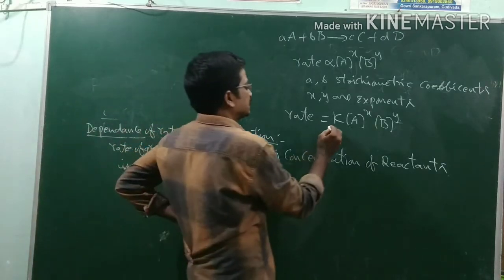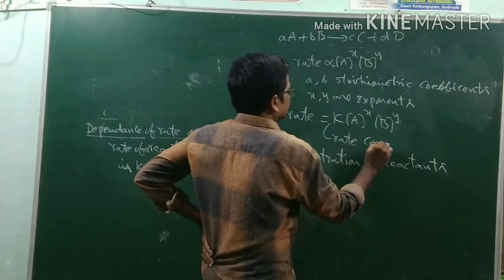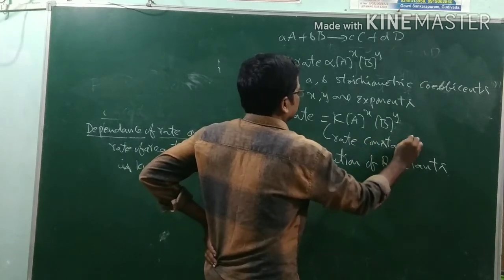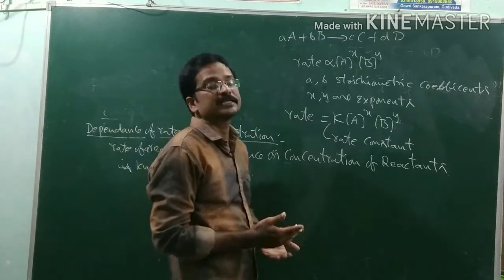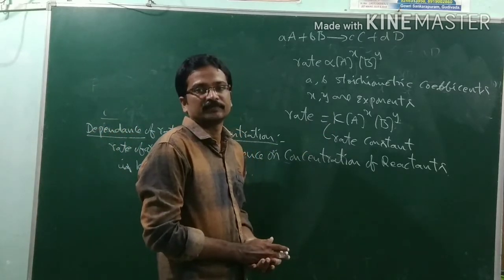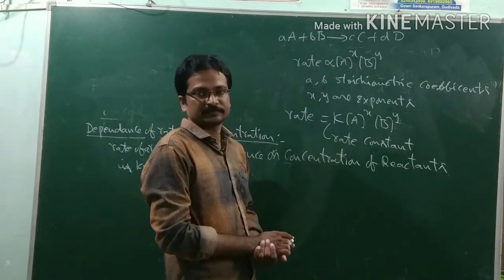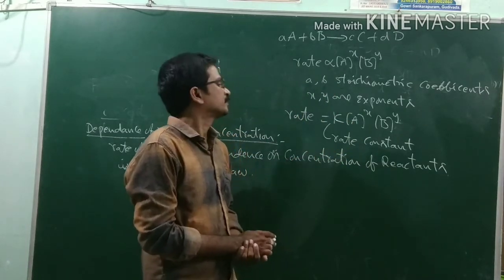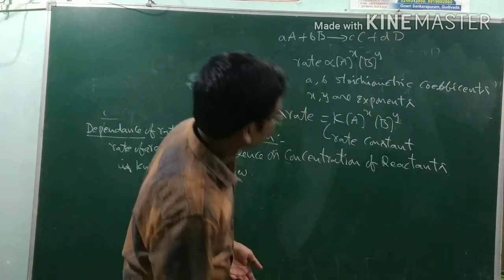K is the rate constant. This constant is known as the rate constant, from this equation.